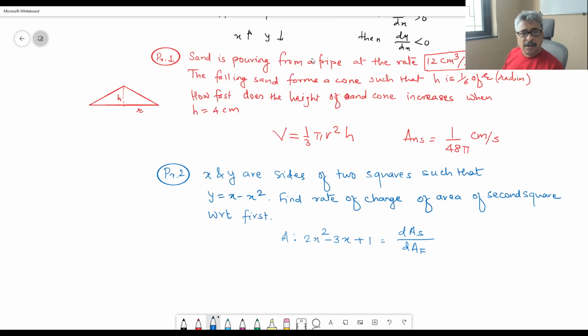Okay, that is all about the derivative as rate measure. There could be many problems. However, the difficulty of the problem is to convert the information given in word format into mathematical format. Like in this case, you need to know this, then only you can solve this problem.